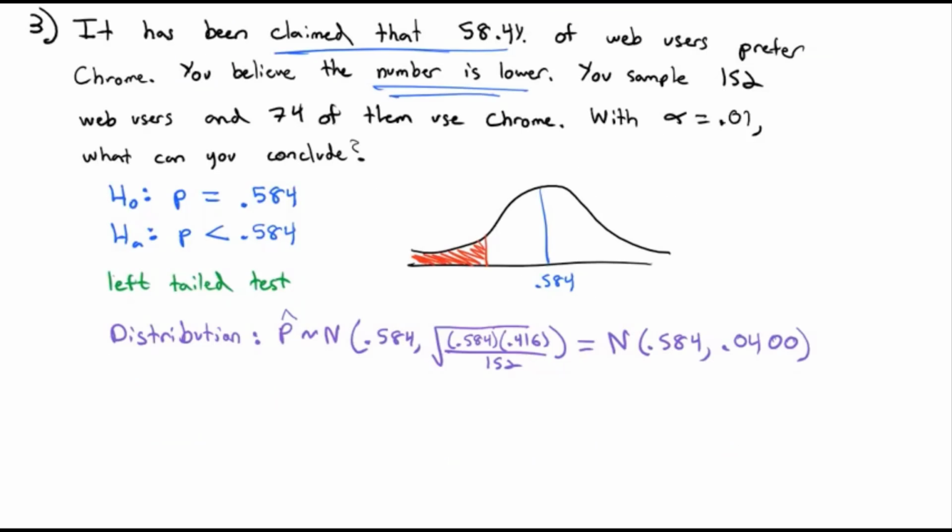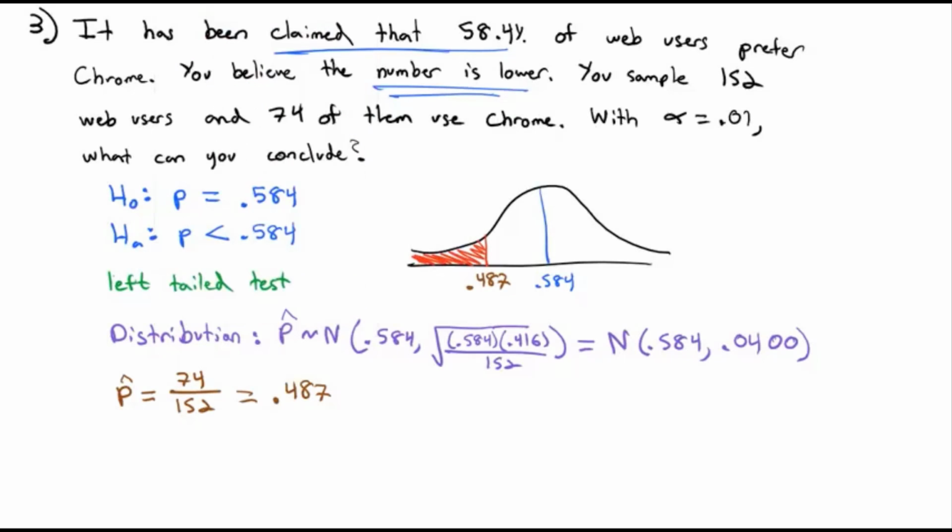If that's the distribution, then we're going to compare it to the proportion, or the p-hat, that we get from our sample. Our sample said 74 out of 152 use Chrome. 74 out of 152 is 0.487. That's the value off to the left. It's less than 0.487, where the shading starts. Is that far enough away that we can make a conclusion that it's actually less than?